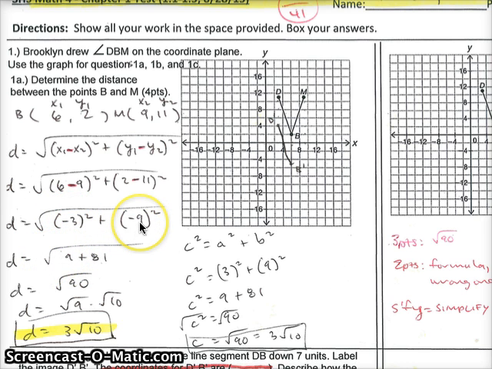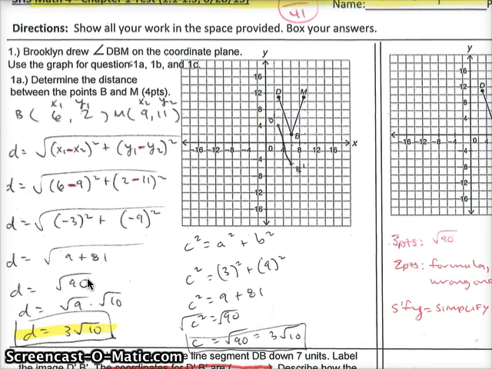Class, what's 9 squared? 81. 9 plus 81 is square root of 90. Now back at this free response test, if you can look over here to the right, I gave you only 3 points if you left it square root of 90. Now this is where they might trick you on the multiple choice.